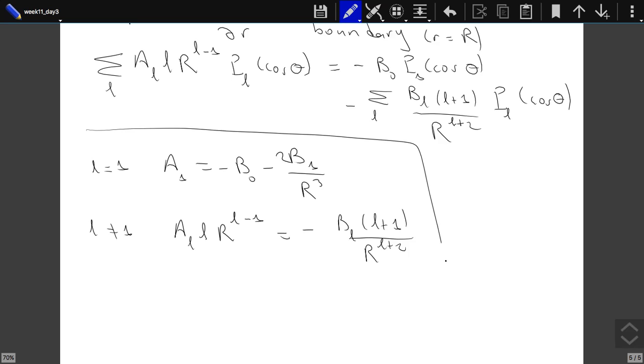So these are one set of equations relating these coefficients A and B from the continuity of the perpendicular component of the B field.